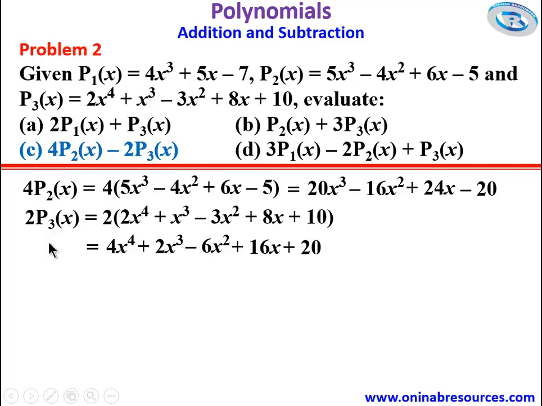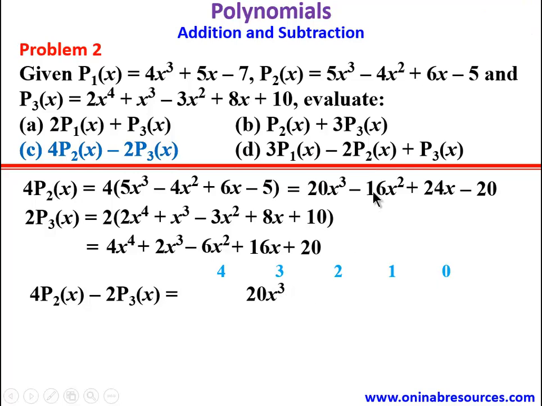So we substitute so that 4P2 of x minus 2P3 of x, the highest degree there is 4. We number again 4, 3, 2, 1, 0, and 4P2 of x, the degree of this is 3, so 20x³ is coming under 3, minus 16x² is coming under 2, plus 24x is coming under 1, and minus 20 is coming under 0.